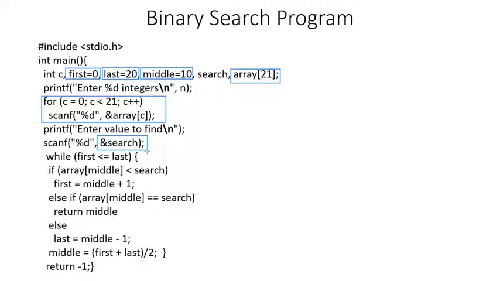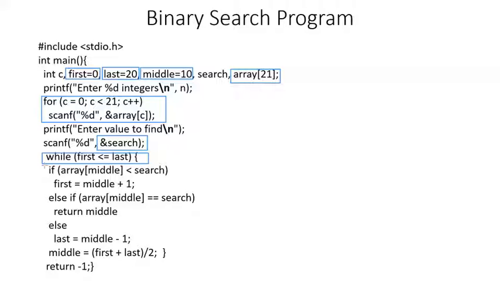Now let us start with our algorithm. Our algorithm will continue to search for the element till the value of first is less than or equal to last. So the value of first is 0 and the value of last is 20. So we will start with our search. What we are going to do, please concentrate here. We are going to check 3 conditions, of which we are going to write the condition for 2.